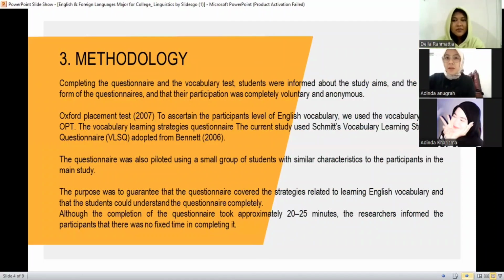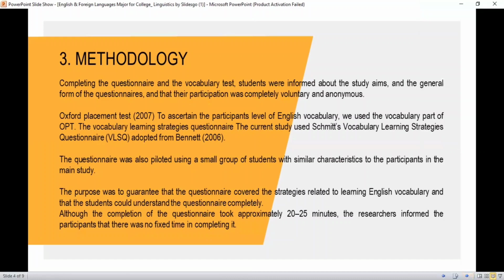Next is methodology. Before completing the questionnaire and the vocabulary test, students were informed about the study aims and the general form of the questionnaires, and that their participation was completely voluntary and anonymous. As a placement test, to ascertain the participants' level of English vocabulary, we used the vocabulary parts of the OPT. Next is the vocabulary learning strategy questionnaire. The current study used a vocabulary strategies questionnaire adapted from Bennett in 2006.